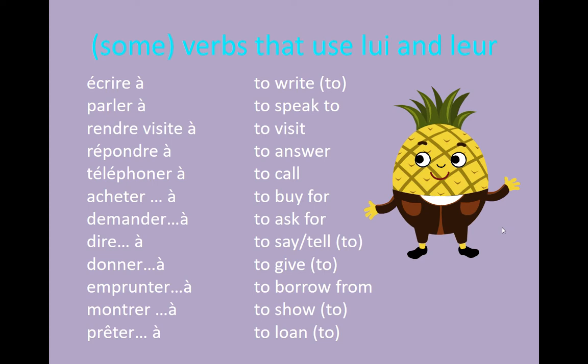J'achète le stylo. There's no à there. I replace le stylo with le. Je l'achète. Or, if I'm going to replace à Claire: je lui achète le stylo. So acheter would depend on if you're replacing who you're buying something for or what you're buying.